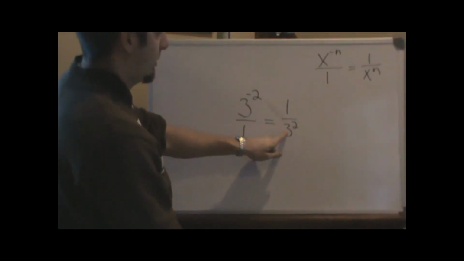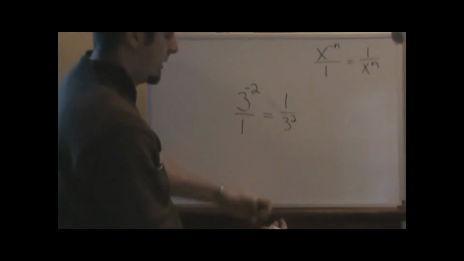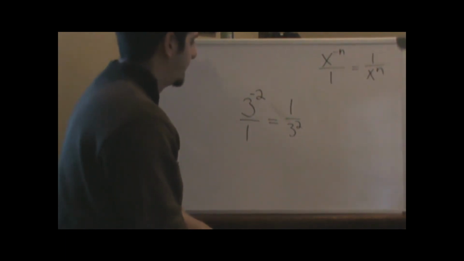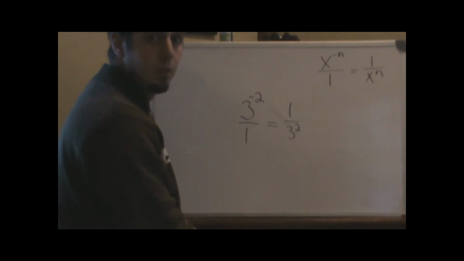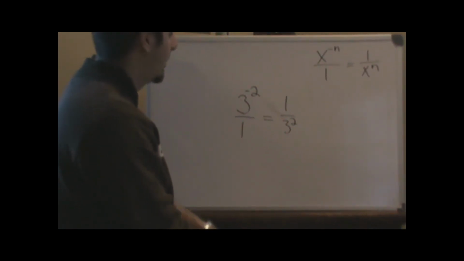Or in other words, 1 over 9. Get out your calculator and divide 1 by 9. You'll get a decimal answer for 1/9.